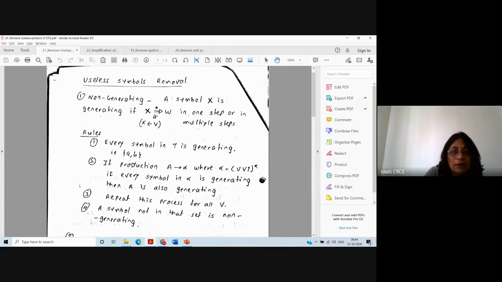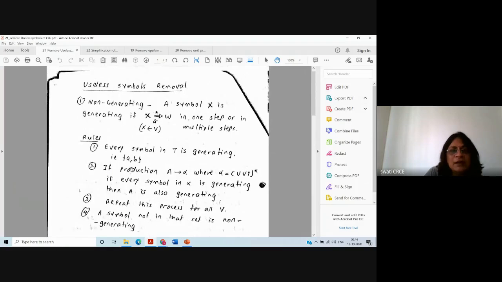So non-generating symbols are the symbols which cannot be generated. Means that a generating symbol is a symbol which can be generated from the starting symbol S. Okay, if you start from S, the generating symbol is going to be generated by following multiple steps.